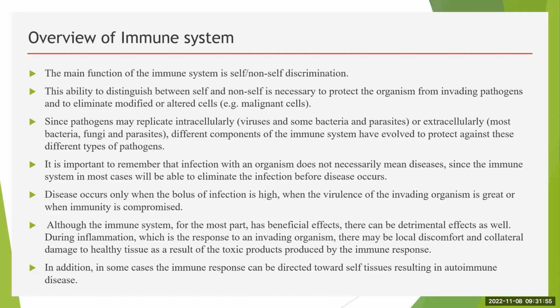And also depending on whether the pathogen has been able to completely evade the innate system and also be detected by the adaptive immune system. So all these systems come into play together. Looking at the second last point there, we're saying that although the immune system for the most part has beneficial effects, there can be detrimental effects as well.